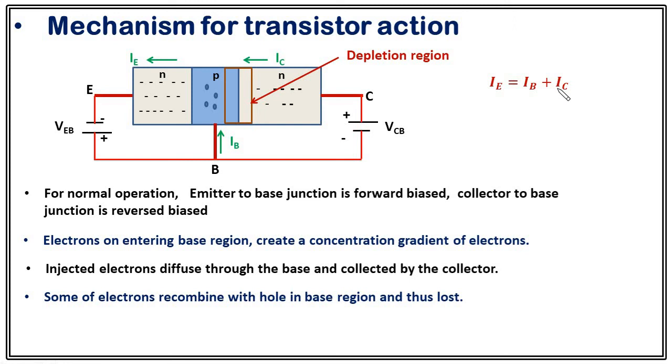In that way, we make the base current much smaller compared to collector current. Under such a scenario, we can write that base current is much smaller than collector current. Thus, emitter current is approximately equal to collector current, right? So just remember this point and let's appreciate the whole transistor device.